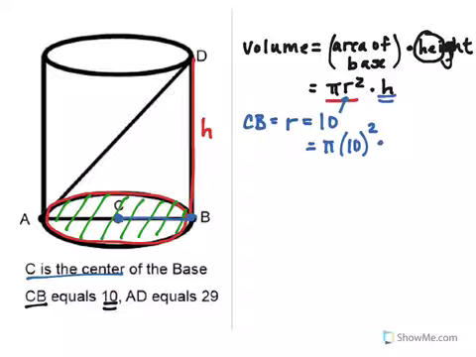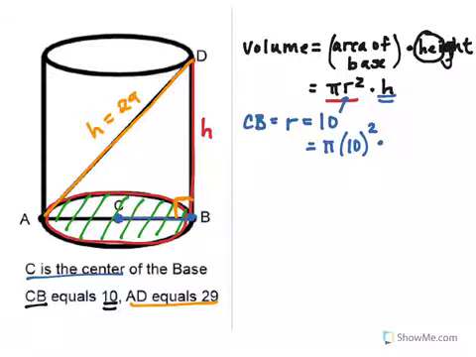Well, we can use this here. This creates a right triangle where this length is my hypotenuse, and we see that AD is equal to 29. So my hypotenuse is equal to 29.